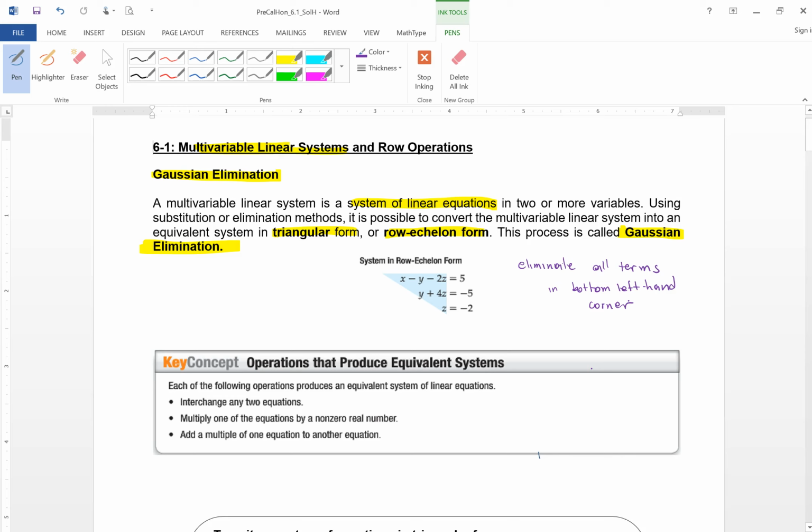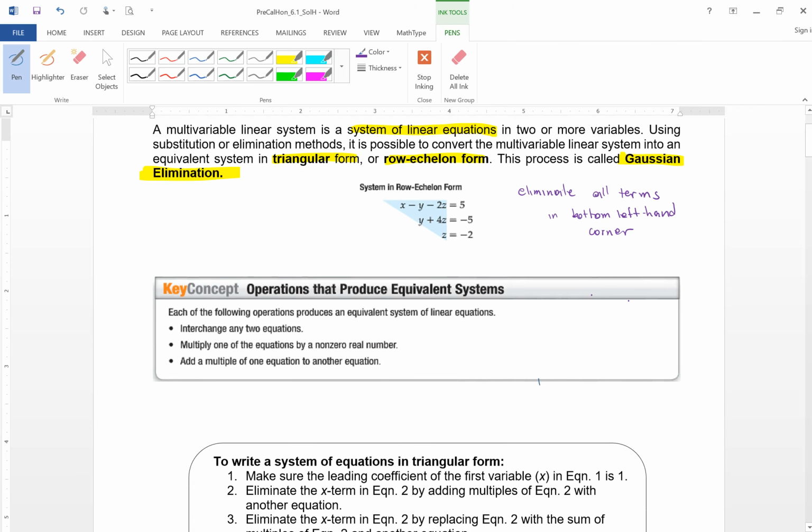Here's how. There are a couple of operations you're allowed to do, and they're free. There are also operations you're not allowed to do, absolutely not. And some things you can do, but you have to pay a price for it.